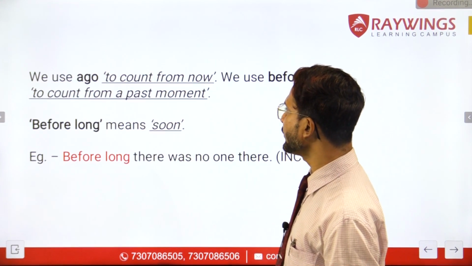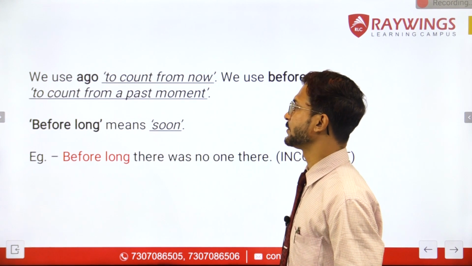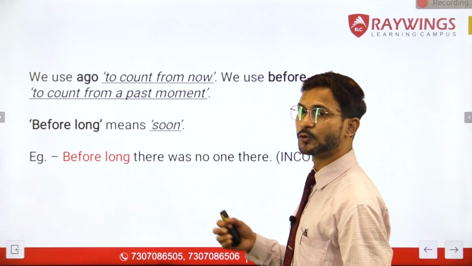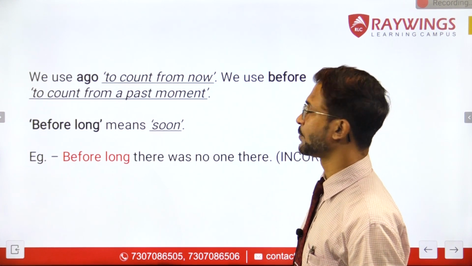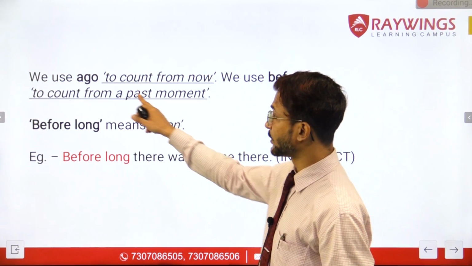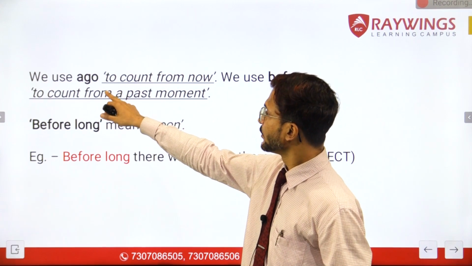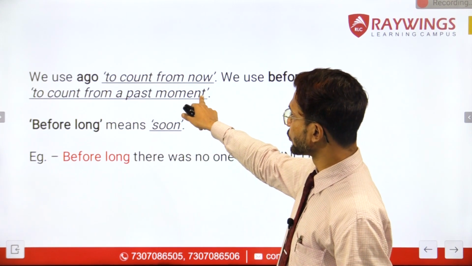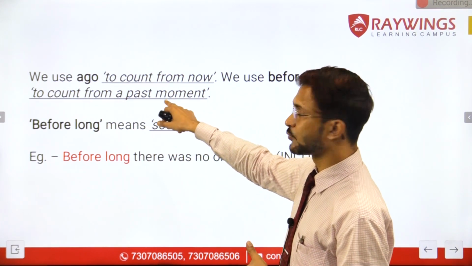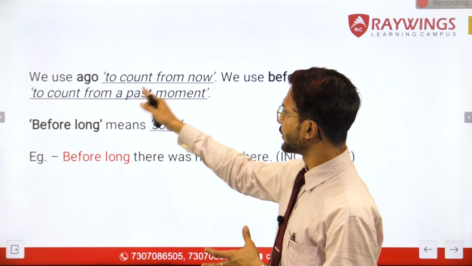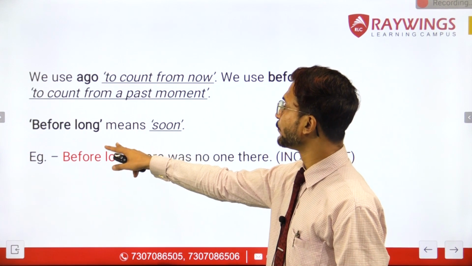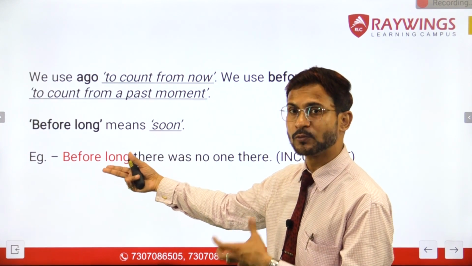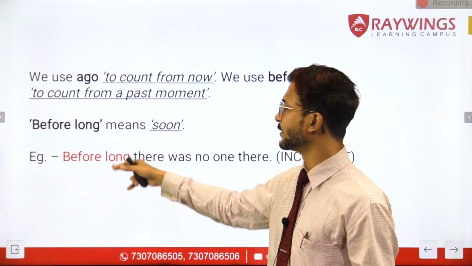Going to the next one, the next concept says we use ago to count from now, and we use before to count from a past moment. Remember this thing once again. Ago is used to count from now, and before is used to count from a past moment, right? And before long, this is something new which you would have rarely heard.